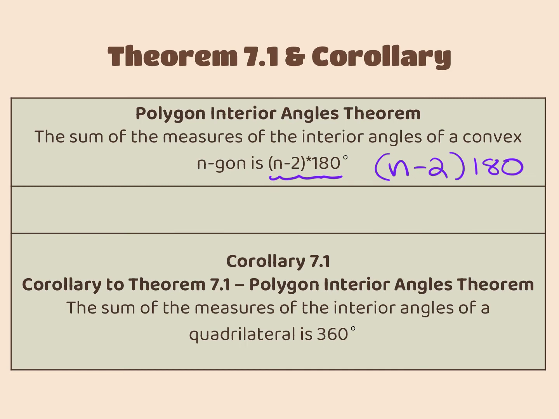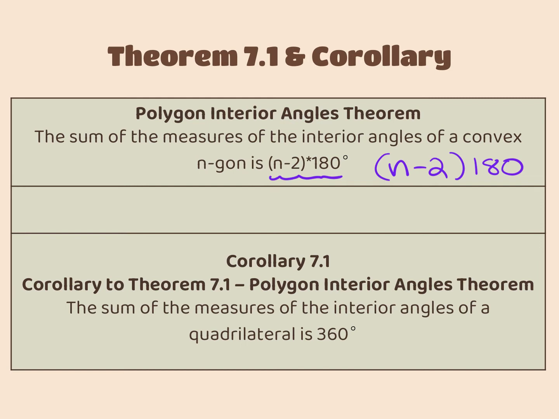And then a corollary to that theorem is called the polygon interior angle corollary. That corollary just tells you that the sum of the measures of the interior angles of a quadrilateral is 360. Technically, you don't need to memorize that. You could still do the formula.